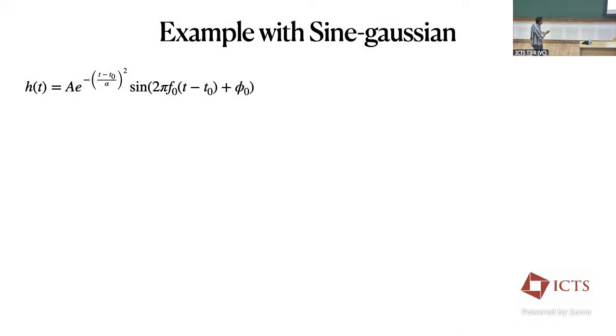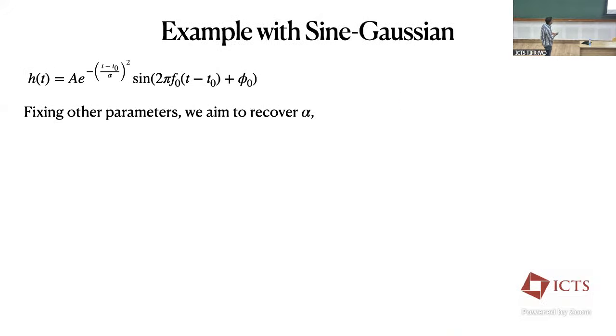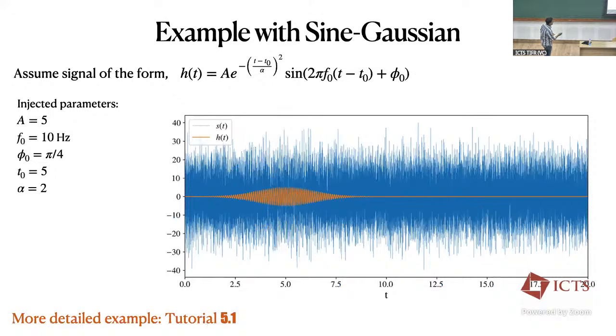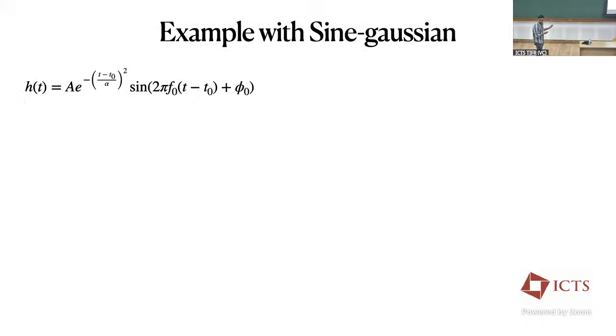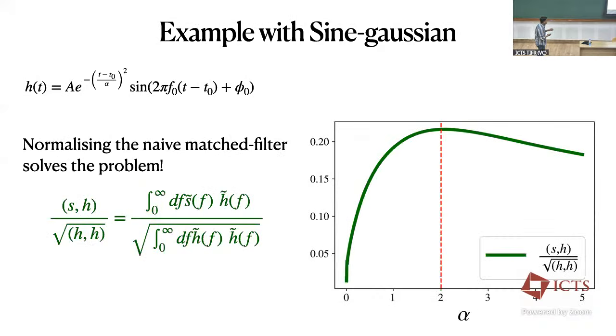S was this to begin with, right? S was the full thing. You have n of t and then h of t given by this with F naught equal to 10 Hz. In that particular plot, I have just divided the axis with 10 Hz. That's why it peaks at 1.